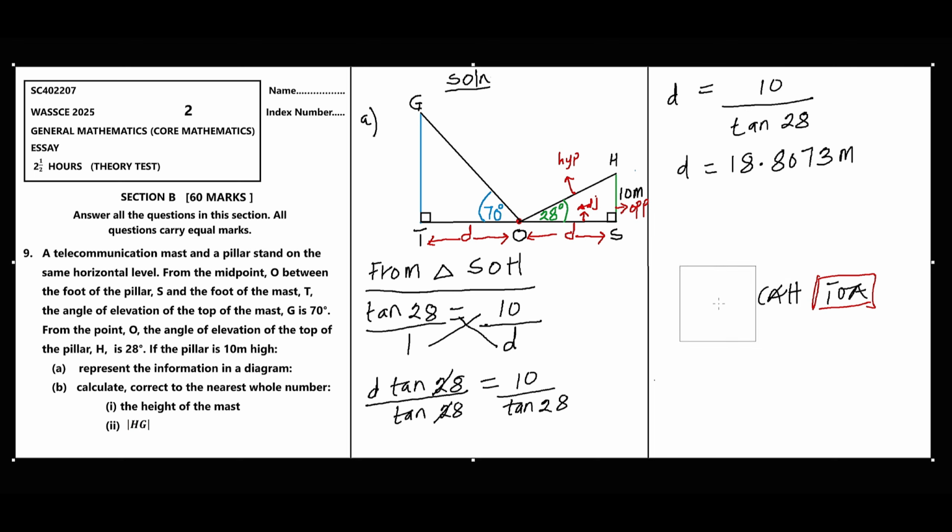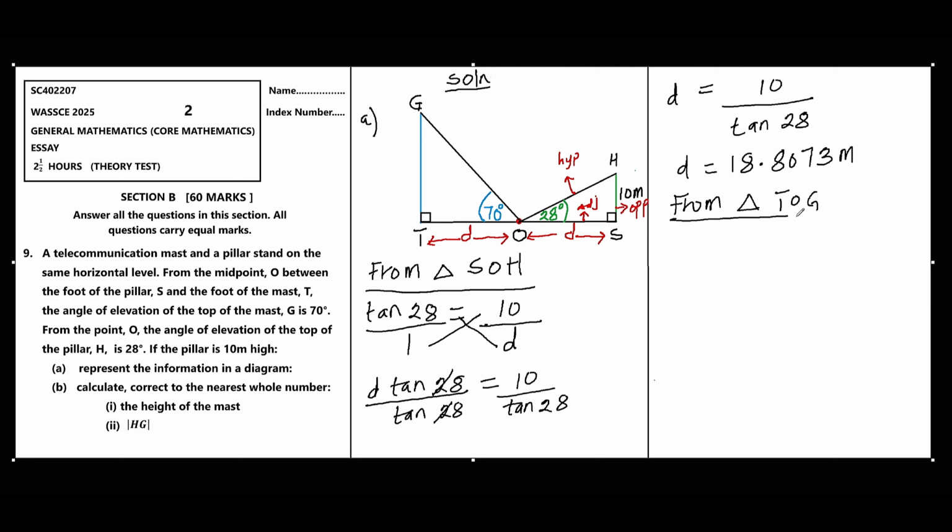So to calculate that, we need to refer from the bigger right angle triangle. I'm naming the bigger right angle triangle as triangle TOG.